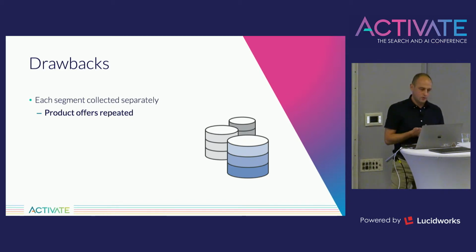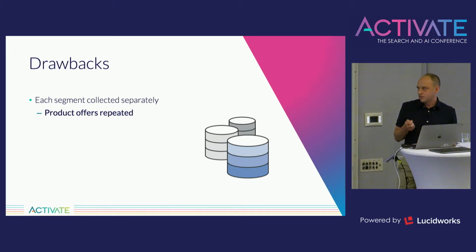We have to collect each segment separately, so there was a possibility that offers of the same product would be placed in different segments, and a request with collapsing would make repetitions of the same product.